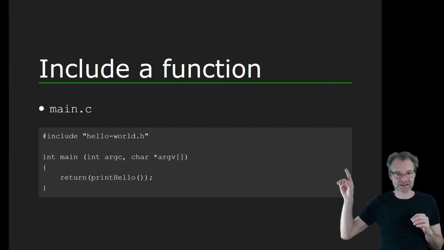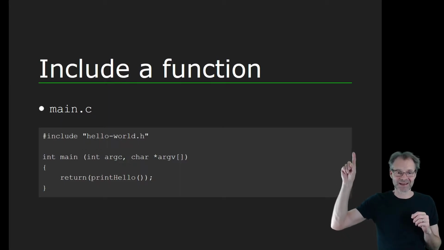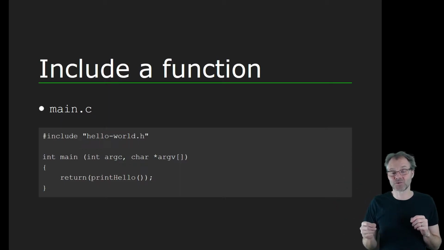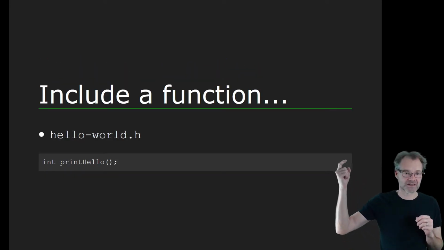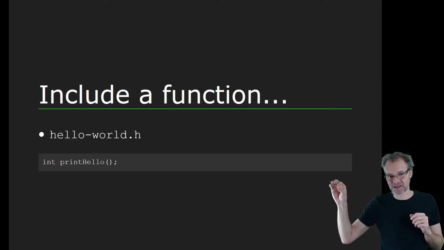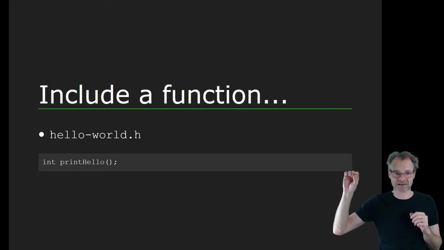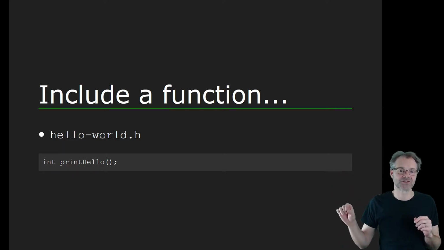But I still have to have the definition of the print hello function. I need to have that. And I'm going to put that in the file hello world.h. So let's see what that contains. It should contain the declaration of the function, but not the implementation of the function. Thus declaring the signature of the function.